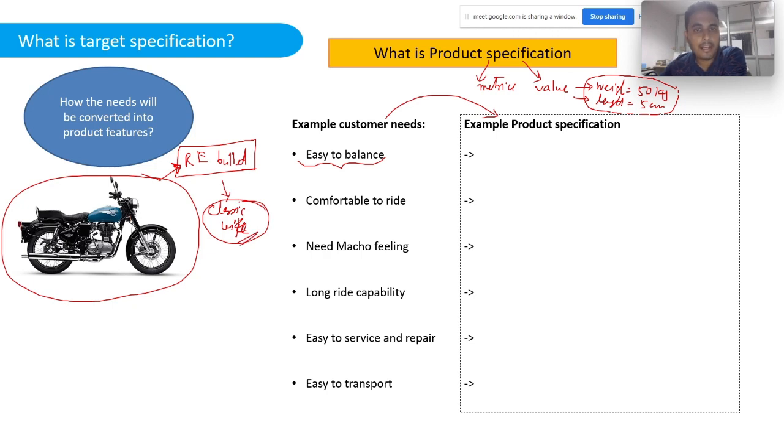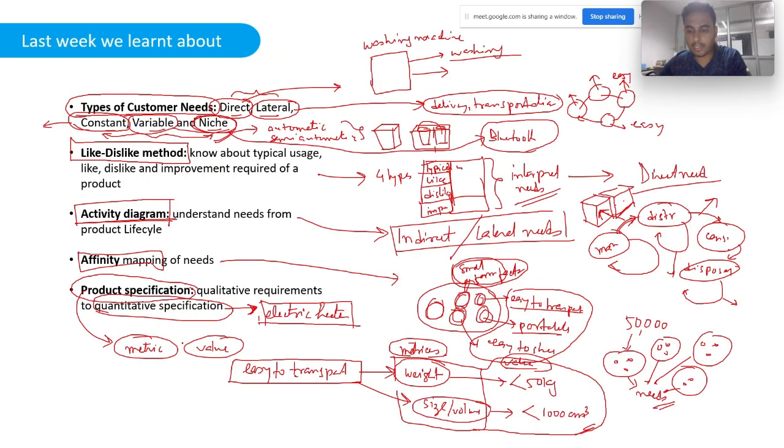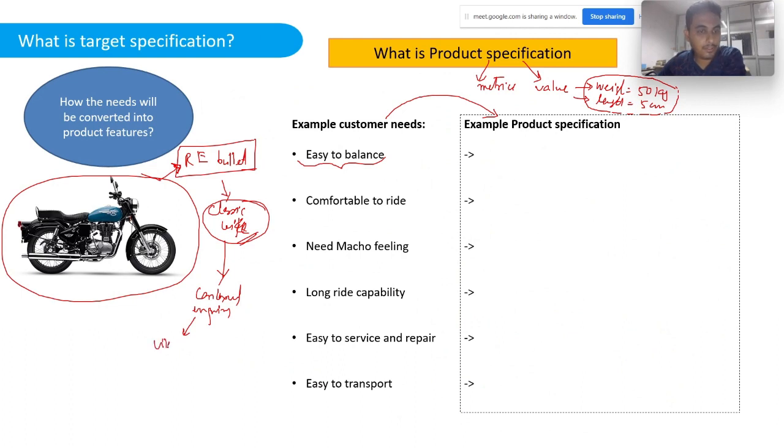Then you go for a contextual inquiry, meaning you go through the need identification phase and do the like-dislike method. Then you do activity mapping, and you arrive at certain needs.